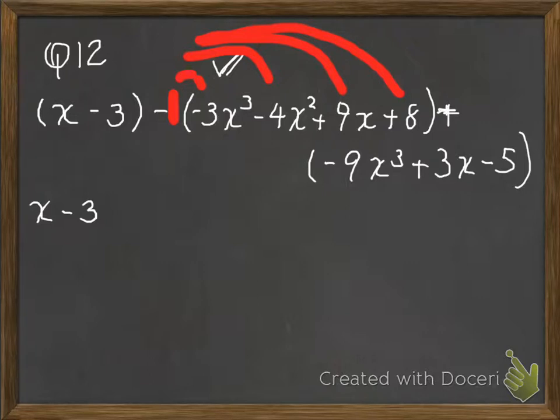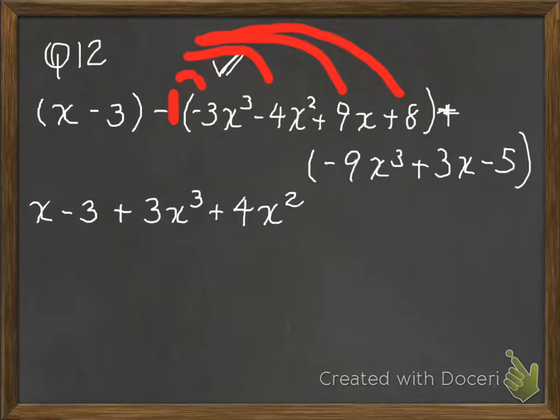Okay? So we have negative times a negative is going to give us a positive 3x cubed, plus negative times the negative again. Negative 1 times the negative 4x squared is a plus 4x squared.